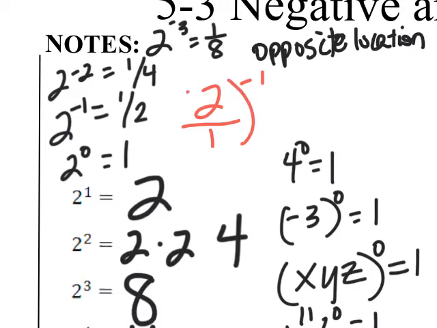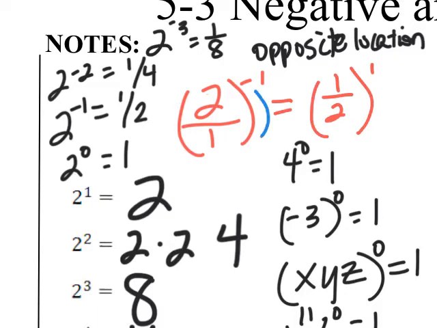So this tells us to flip that fraction over, and it's going to equal 1/2 to the positive 1. So it flips, and then that exponent becomes positive.